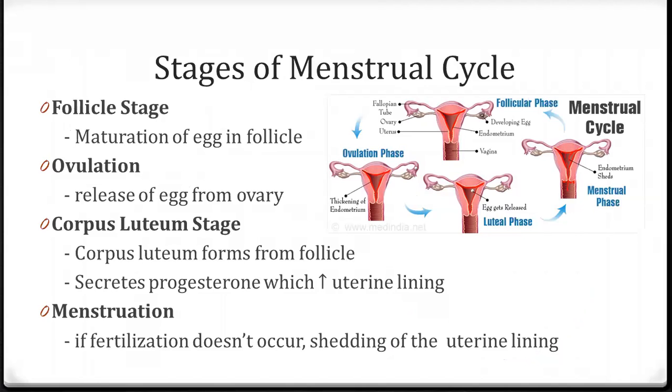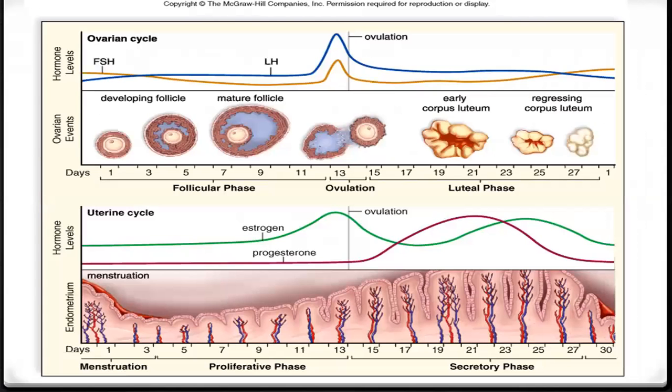Ovulation is when the egg is released from the ovary. The corpus luteum stage is when the corpus luteum forms from the follicle and secretes progesterone, which increases the uterine lining. And then menstruation: if fertilization doesn't happen, then shedding of the uterine lining occurs.